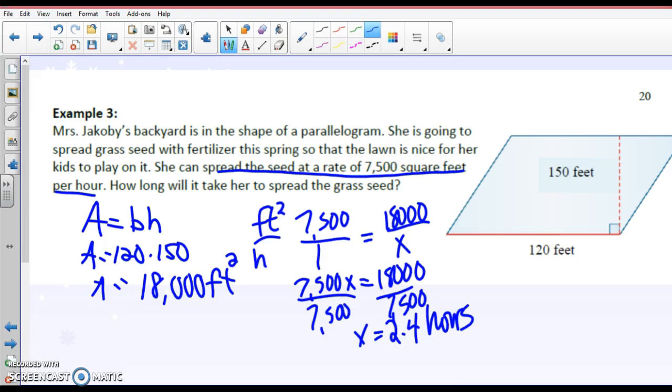All right. Do I write 2 hours and 4 minutes? No, because it's 0.4. It's 4/10 of an hour. How do I figure out how many minutes that is? 4/10 of an hour.